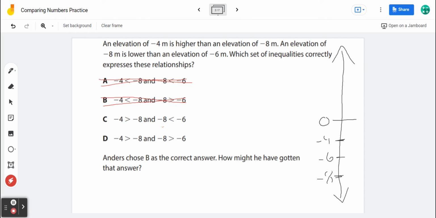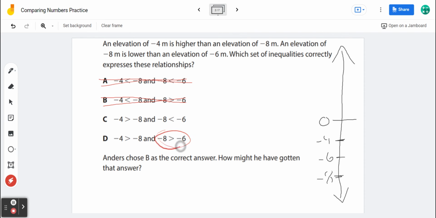Negative 8. So it starts with negative 8. Negative 8 is lower than negative 6. So that means negative 8 is less than negative 6. So the answer is C. Let's check D. Negative 8 is greater than negative 6. That is not true.